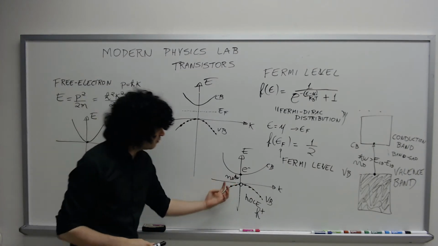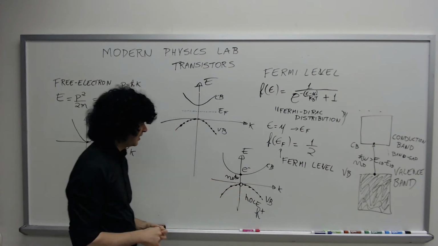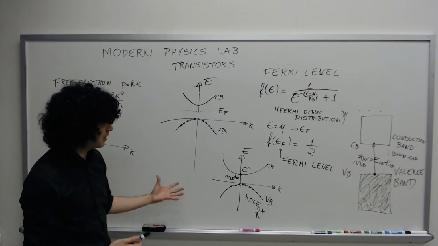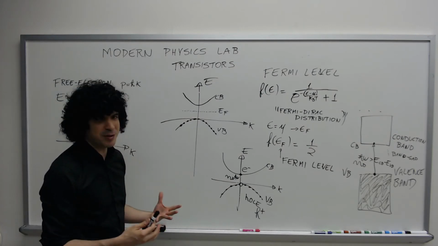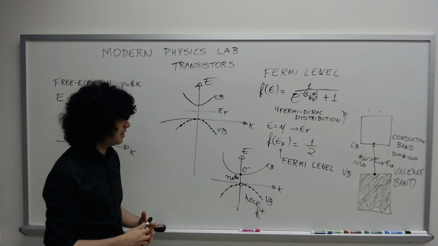And then you can move the hole around. So the hole can also conduct electricity. So you can also conduct electricity manipulating the valence band.